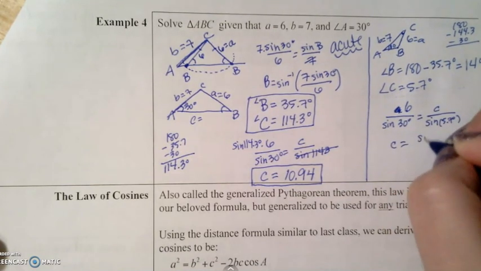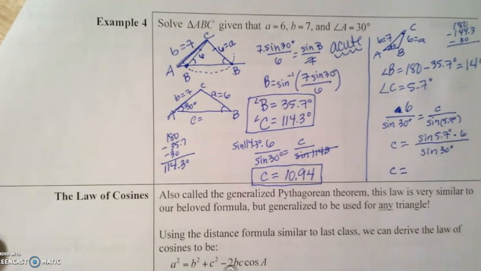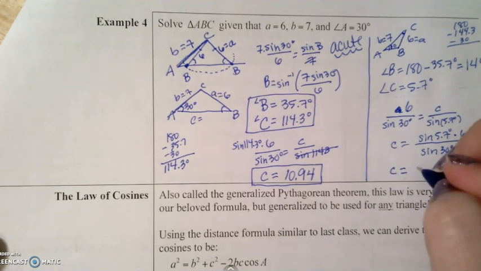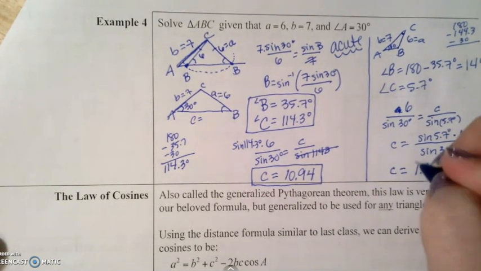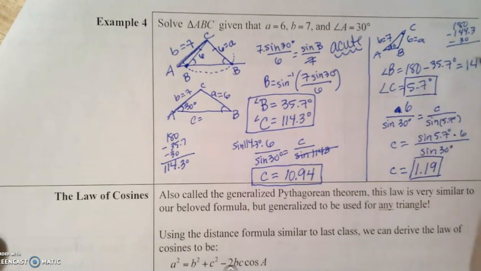So C equals sine of 5.7 times 6 divided by sine of 30 into the calculator, and we get that C equals 1.19. And here are our final measurements for the obtuse case.